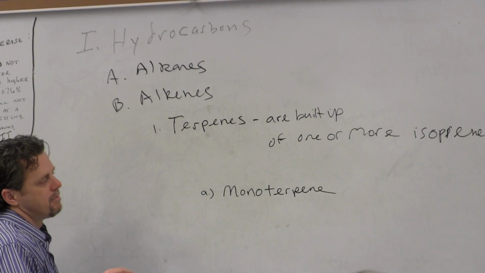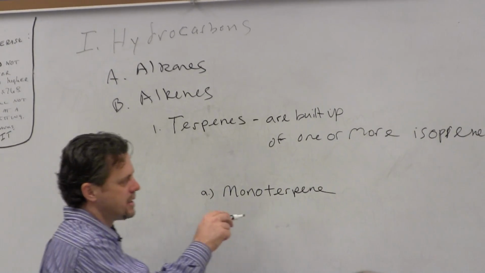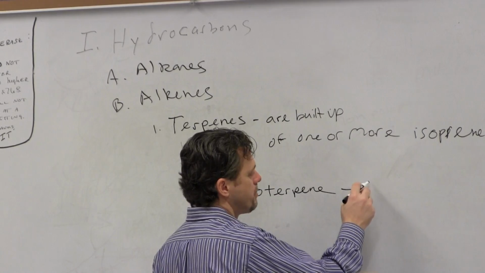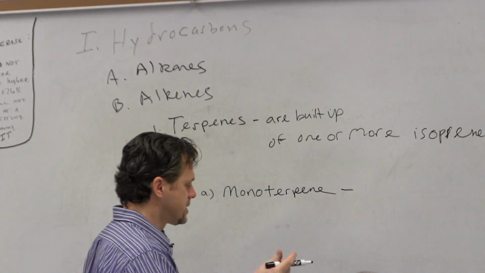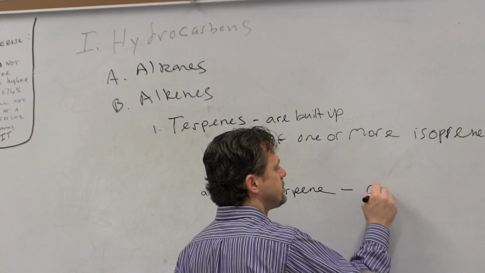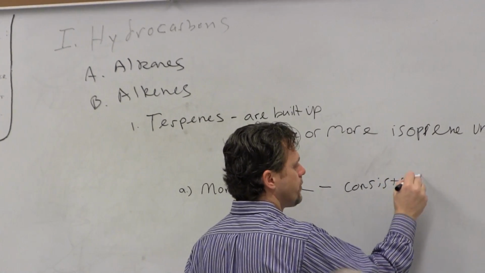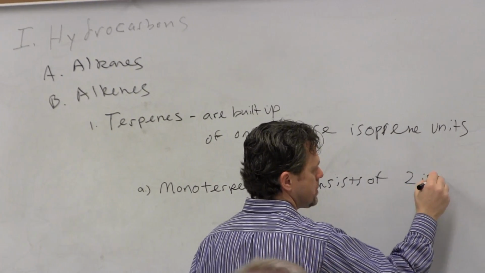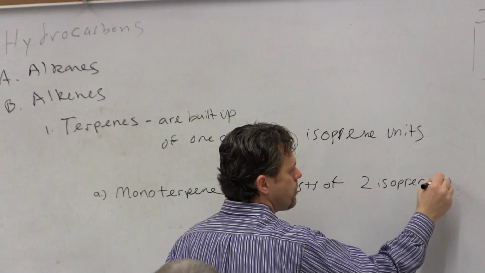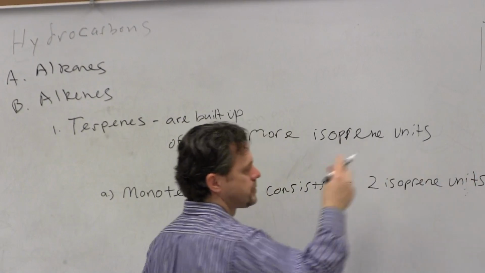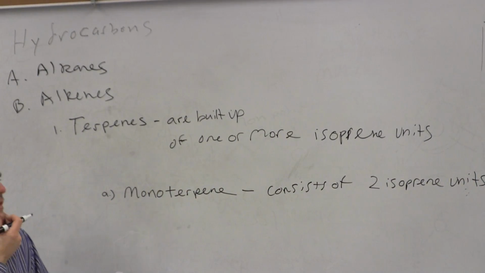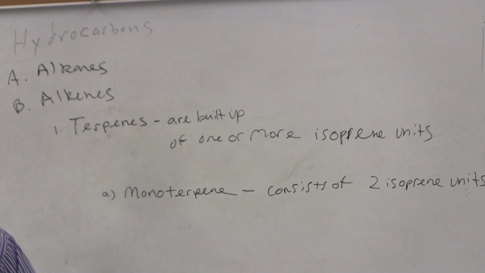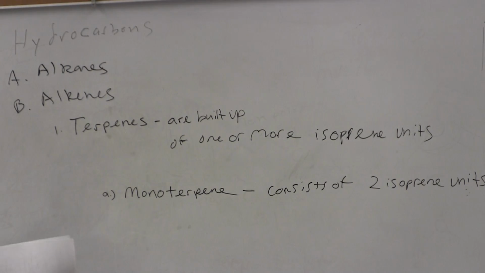But the monoterpene basically consists of two isoprene units. Kind of confusing. You call it a monoterpene, but yet it's made up of two isoprene units. But that's just the way it is.